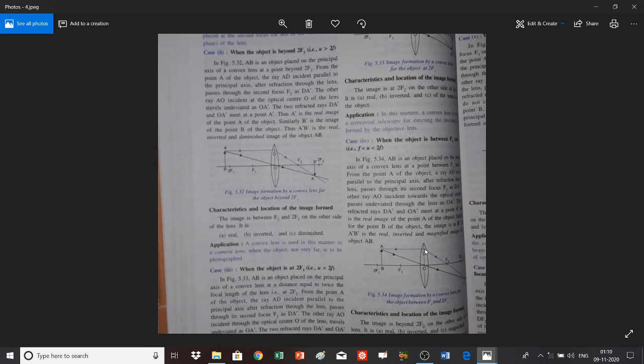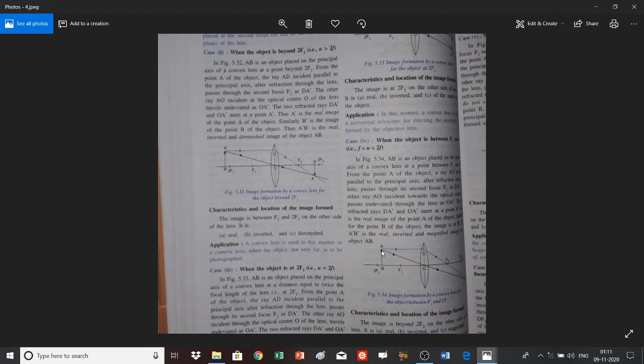Here is the lens, here is the optical center, here is the first principal focus, and this is the second principal focus. This distance is f, the focal length, and another point here is 2f1, which means this distance from the optical center is twice that of f1. So our object is placed here, which is greater than f but less than 2f.